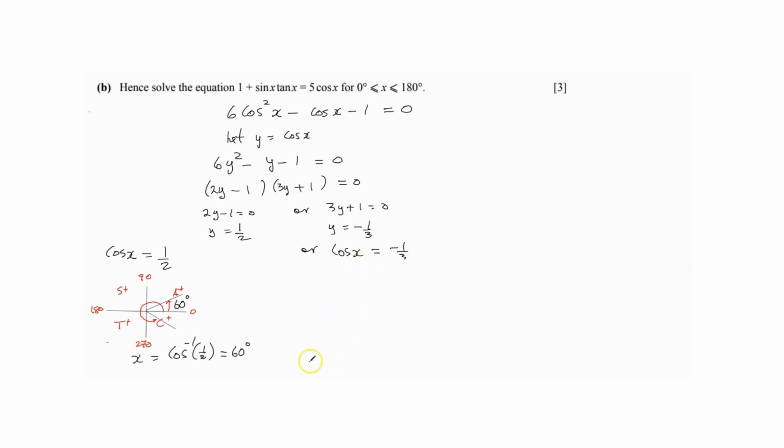When cosine is negative, we're going to draw our quadrant diagram and determine the possible values of x. So here we have 0, 90 degrees, 180, and 270. Again, we know that all are positive here. So cosine is negative then in this quadrant and this quadrant. So we're going to draw an acute angle here and an acute angle here.